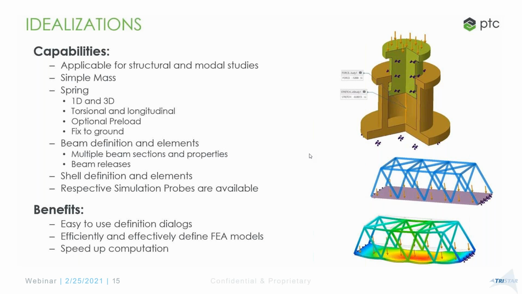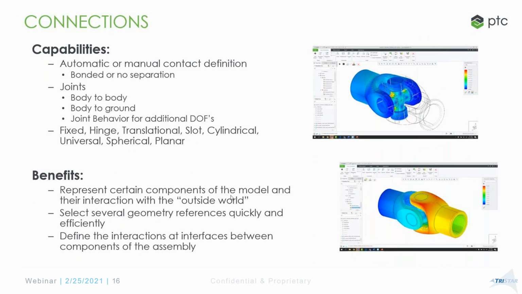But it's nice to see that the first release of the ANSYS-powered Creo Simulate does have pretty much a good set of initial capabilities that a seasoned FEA user might want to get a higher fidelity solution. Connections are very important, as you know, when you work on large assemblies, or even when you have 2 or 3 parts in your assemblies and you want to accurately capture the real world interaction between those.